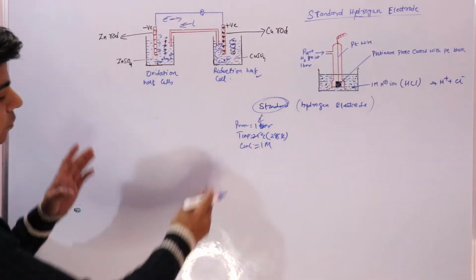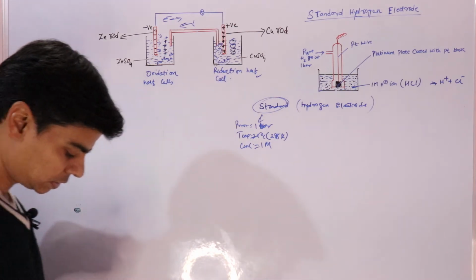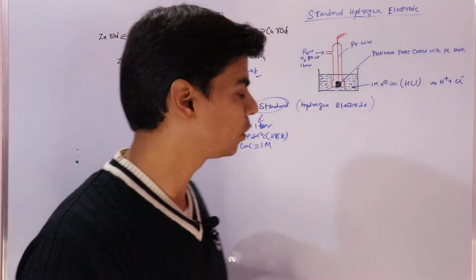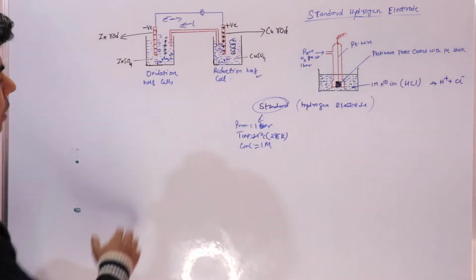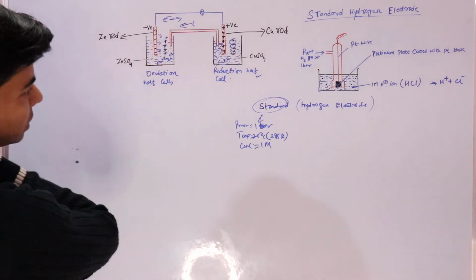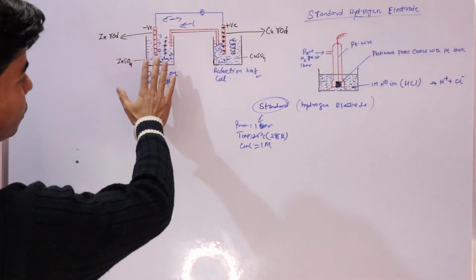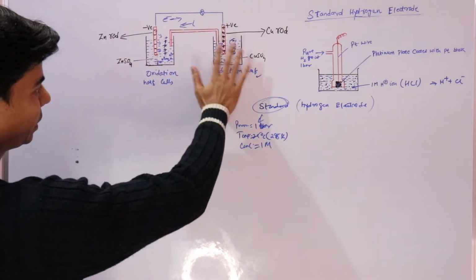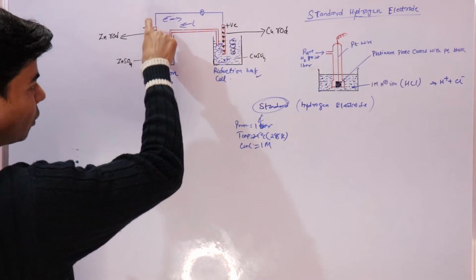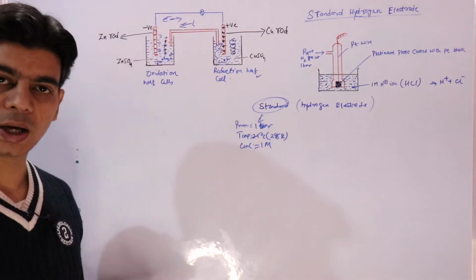Since we have studied in previous lectures the working of a galvanic cell or electrochemical cell, it consists of two half cells, which are electrodes. This is zinc electrode and this is copper electrode, and these electrodes have metal rods in contact with their own ions.